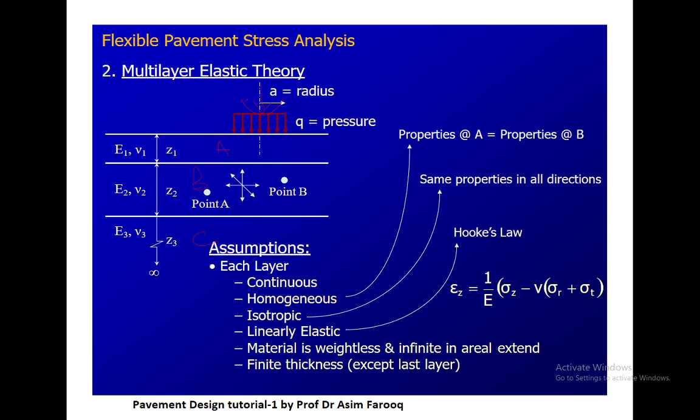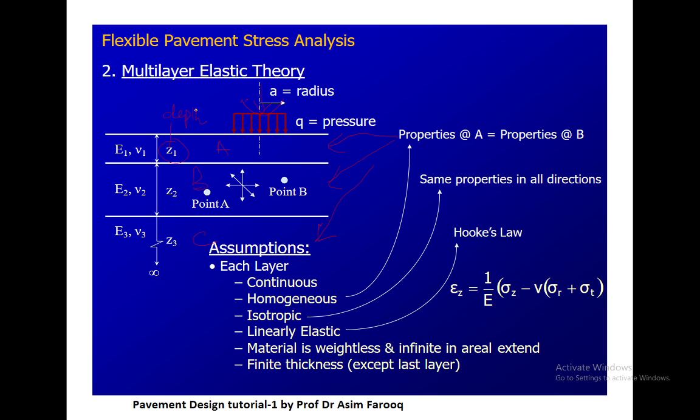Homogeneous means, as you can see here, we have a three layer system. The very top one, you can assume, is the base course, while the next one is a sub base, while the Z3 is a subgrade. From the top we have a uniformly distributed load, which we call UDL.